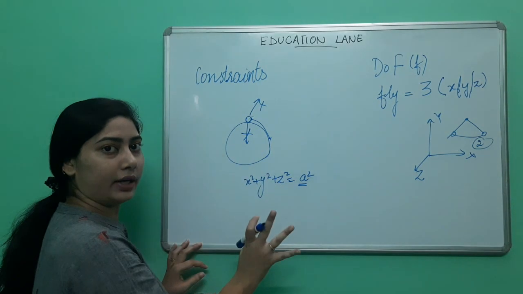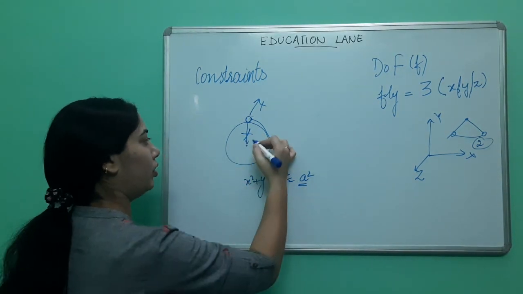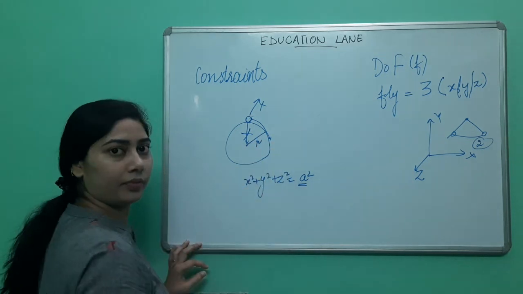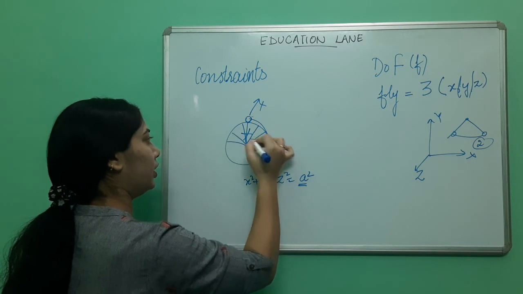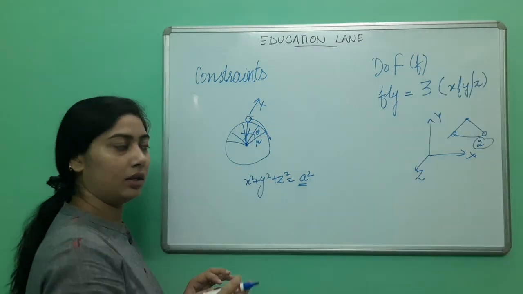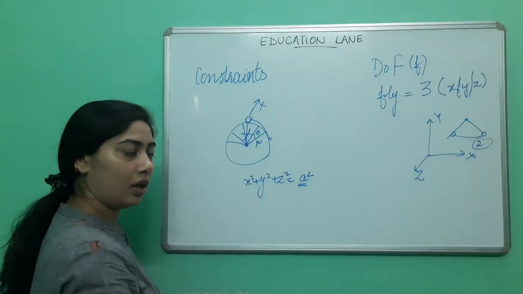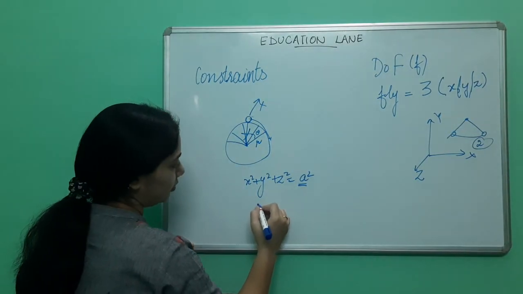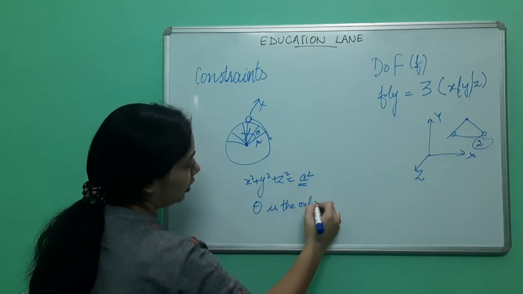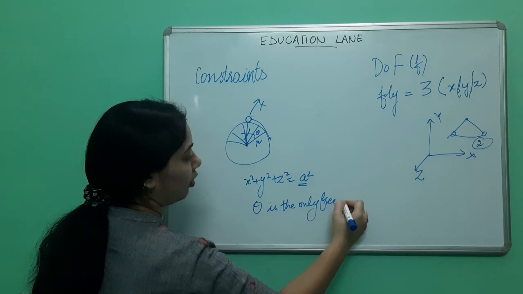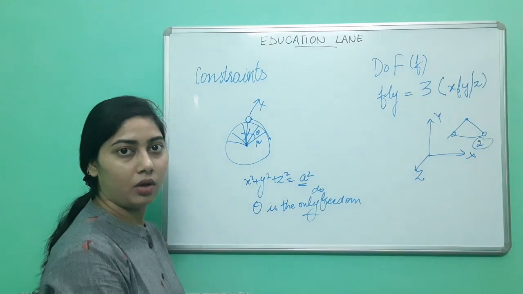In polar coordinates, this is the center O. Its radius is the same, correct? But what is changing? The theta angle. The theta is the position of that object on the sphere. So theta is the only freedom or degree of freedom for this particle.